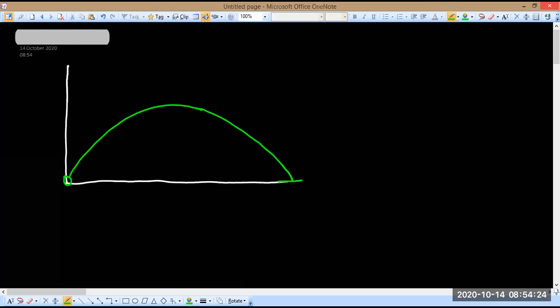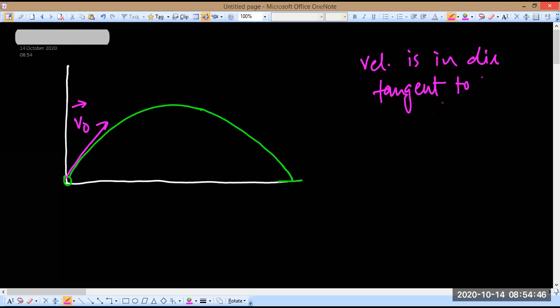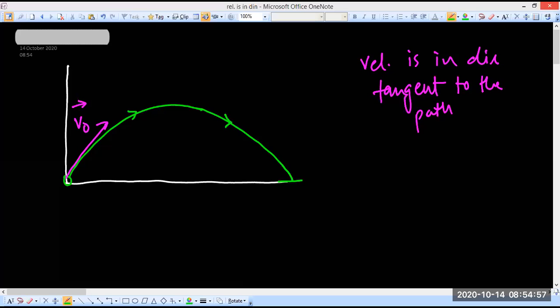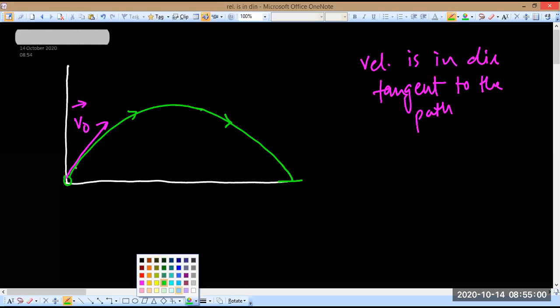Its initial velocity is like this, v0 vector, initial velocity. Why did it come like this? There was a sentence: velocity is in the direction tangent to the path. Remember? So I hope you realize this is the initial velocity. It is tangent to the path. And let's say that we are throwing it at an angle theta 0.